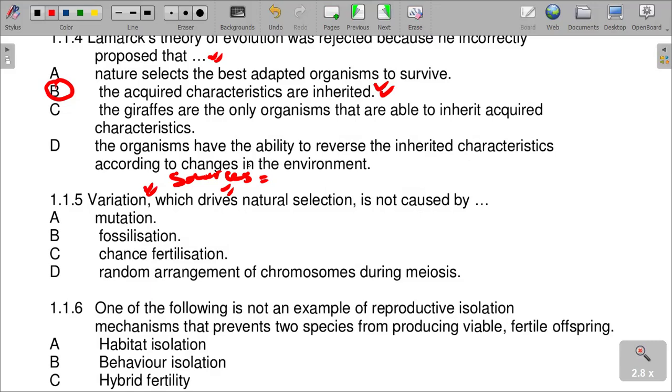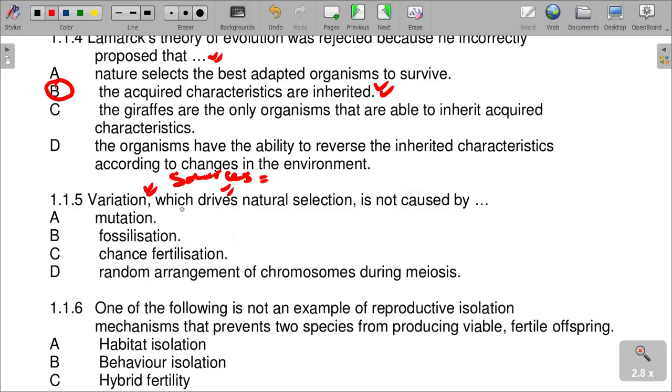So number 5 is saying variation which drives natural selection is not caused by what? Variation which drives natural selection is not caused by what? Is it mutation? Can it be phosphorylation, chance fertilization, random arrangement of chromosomes during meiosis?